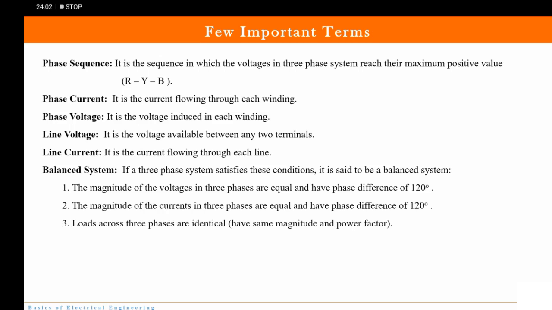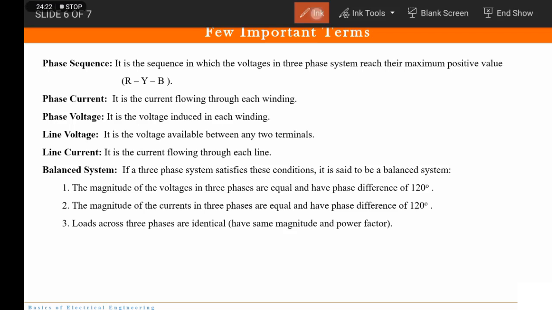Similarly, the magnitude of the current will also be the same and they will also have a phase difference of 120 degrees. And the third condition is the loads across these three phases are identical. It means whatever load you are connecting, it has to be the same across three phases. I'll just give you an example.